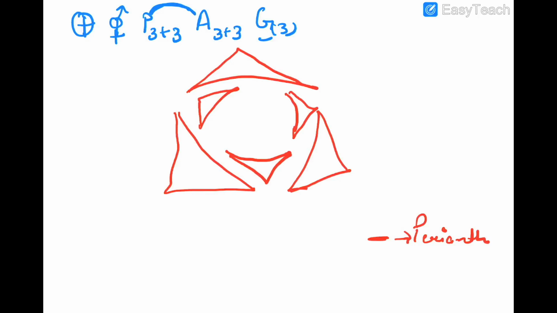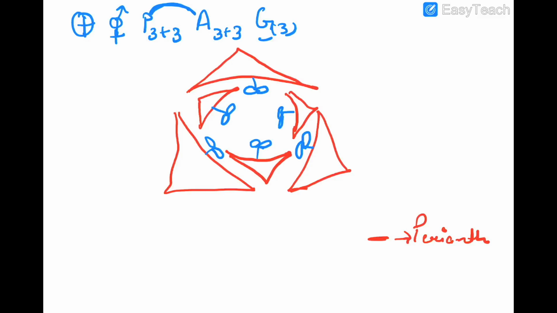Now I will make the androecium, but we know the androecium has 3 plus 3, 6 stamens, but they are attached to the perianth. So I will make the androecium now. These are the androecium 1, 2, 3, 4, 5, and 6.